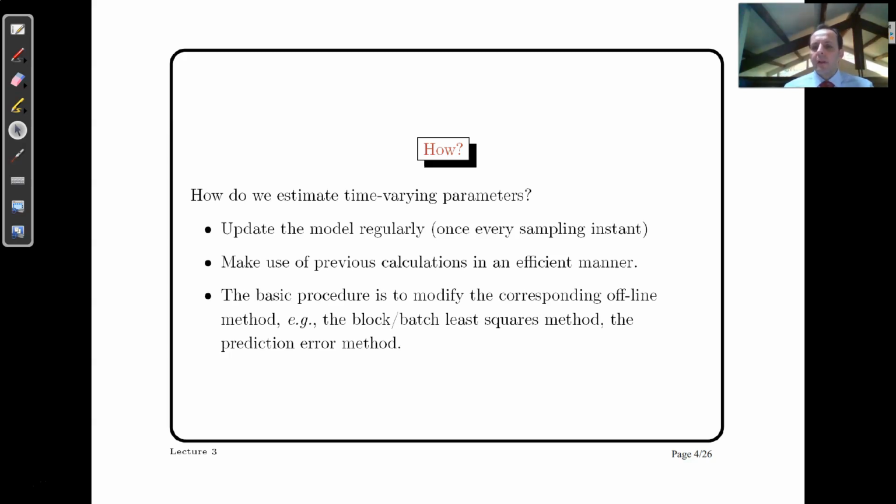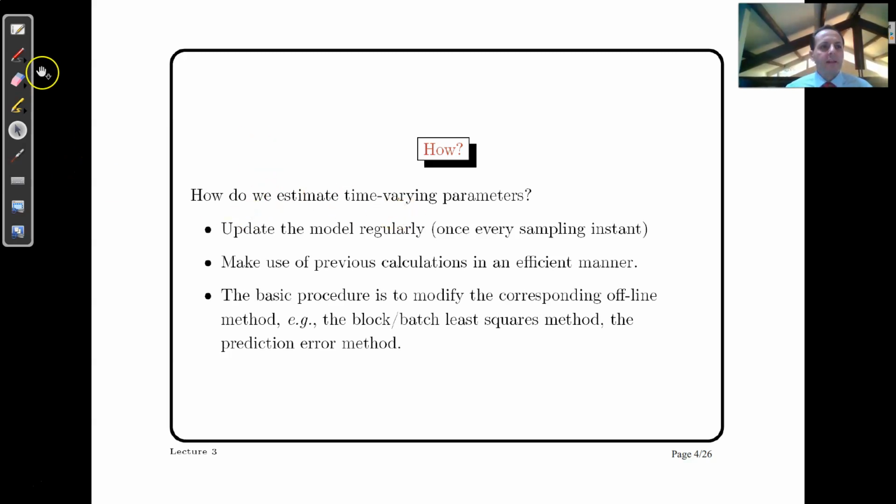Of course, if you introduce any change in the solutions that we already examined, the first idea could be to continuously update the model once every sampling instant. So it means that you continuously apply your least square approach.